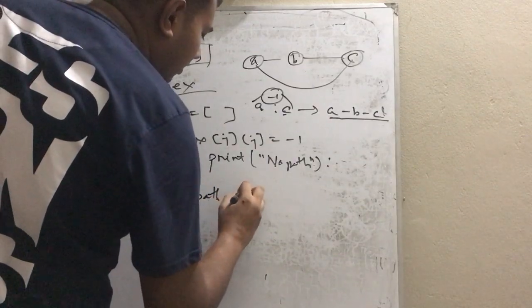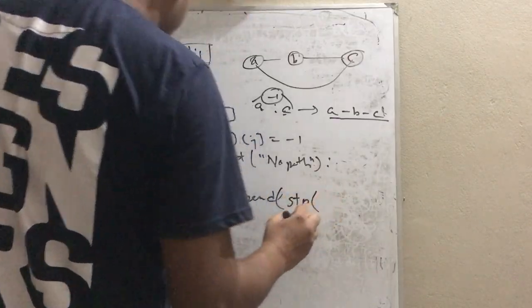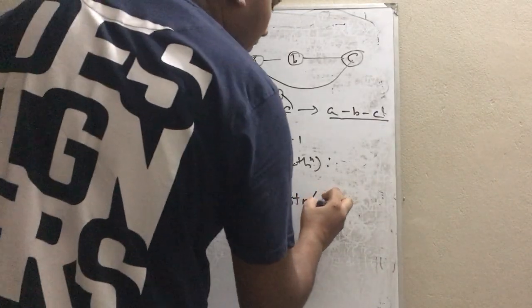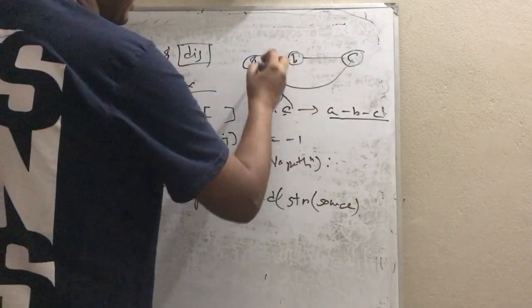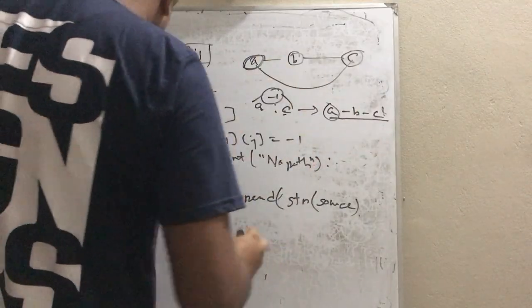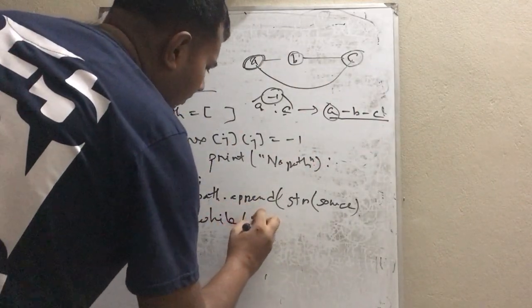path dot append, we convert it into string because it's easier. Source. Initially the source is added to the path because A is the source. Okay, we will use a while loop.